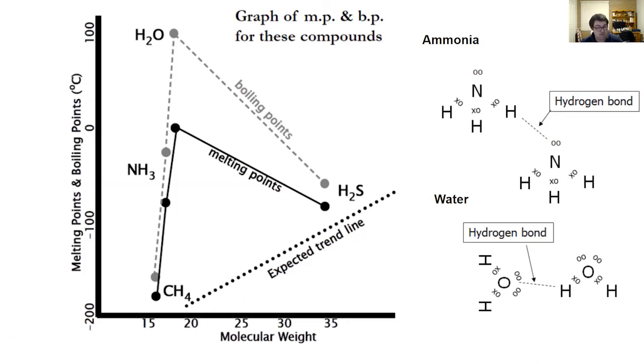That means that everything here, methane, ammonia, water, hydrogen sulfide, they all have dispersion forces. There are dipole-dipole interactions for all of them but methane. But there is only hydrogen bonding for ammonia and water. And because it's far stronger than dipole interactions, that's where we're seeing that significant change in melting point and boiling point.